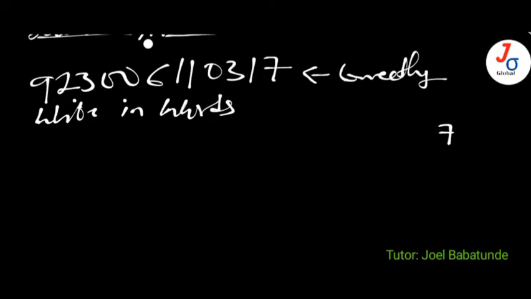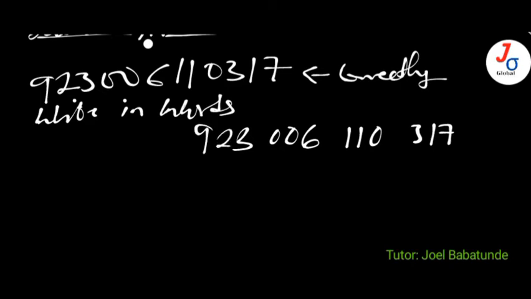317, write it in threes, then 110, okay, then 006, then 923. Okay, so we see 3, 6, 9, right? So we see that this is how many? 9.